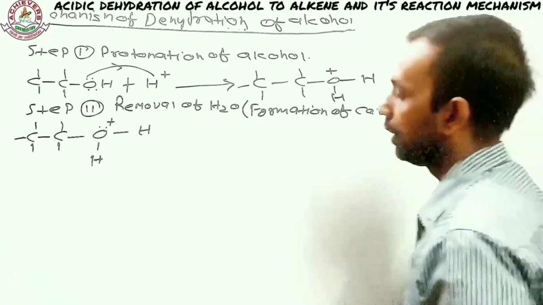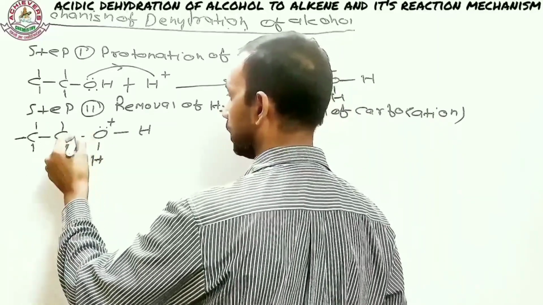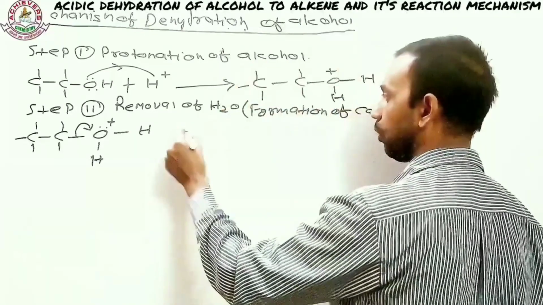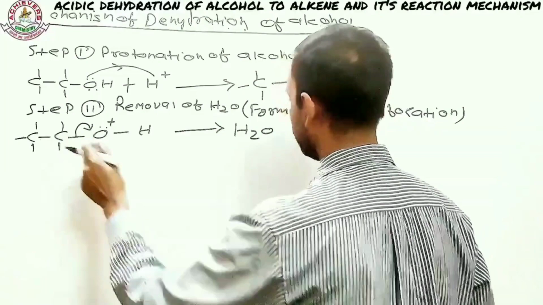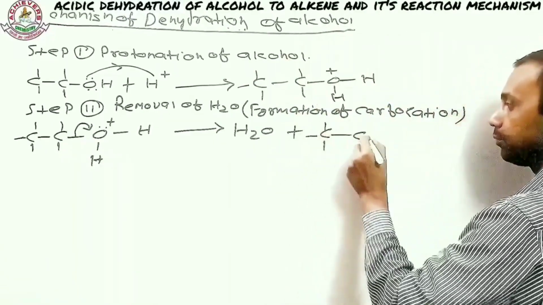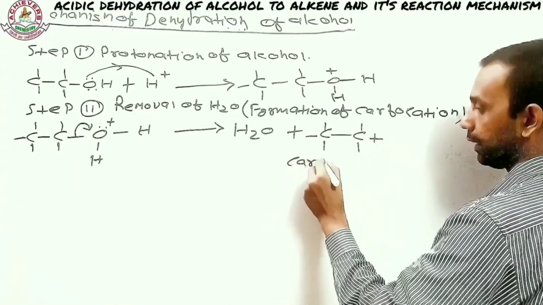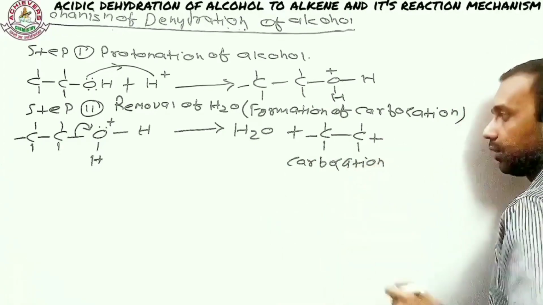Let's see how this happens. The bond between carbon and oxygen undergoes cleavage. So what happened? Water comes out, and this becomes a carbocation. So this is your carbocation, right?